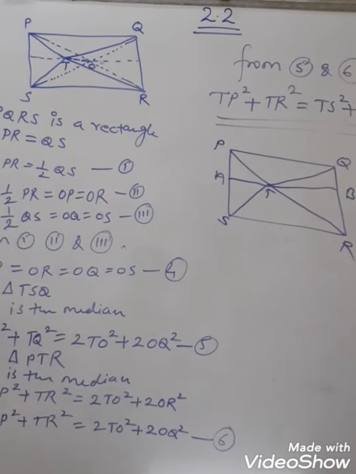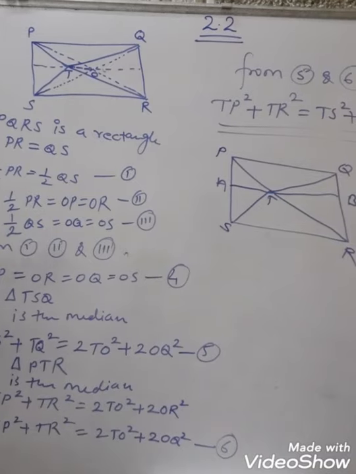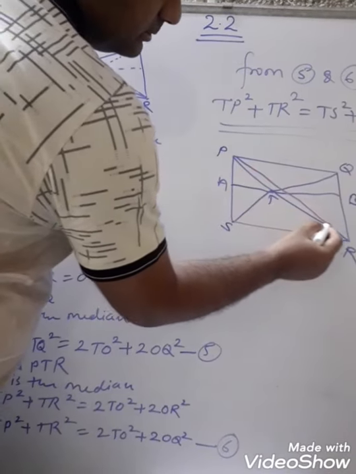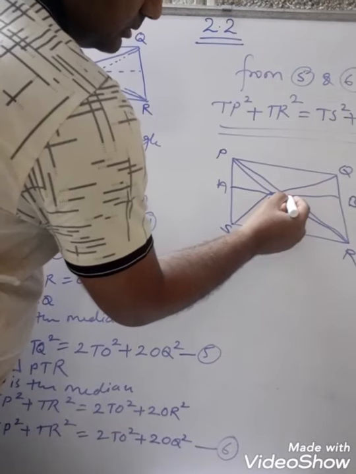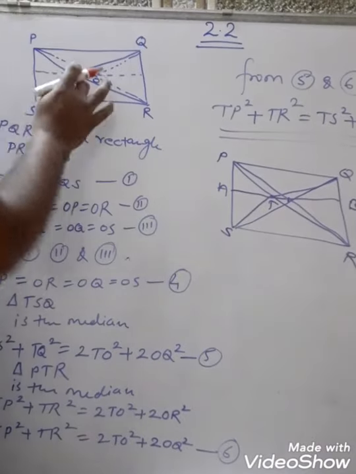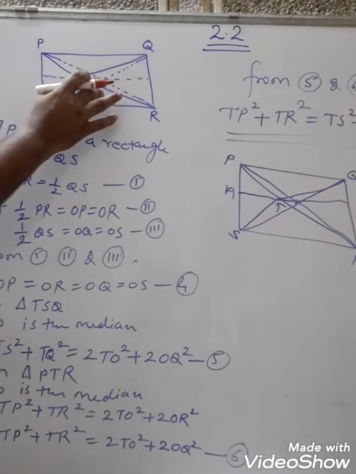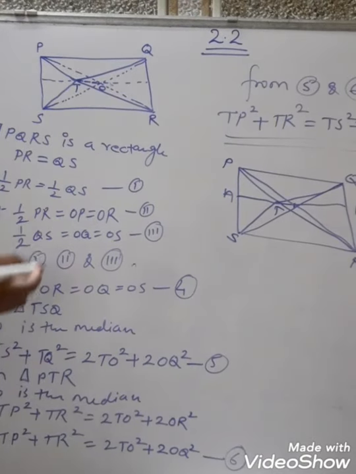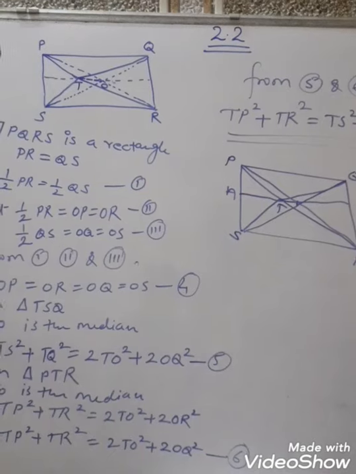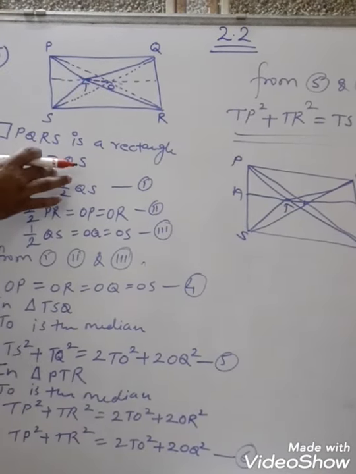So what we do now, first we draw or we join the diagonals. And the diagonals intersect at point O. So PQRS is a rectangle. In that PR and QS are the diagonals of the rectangle.